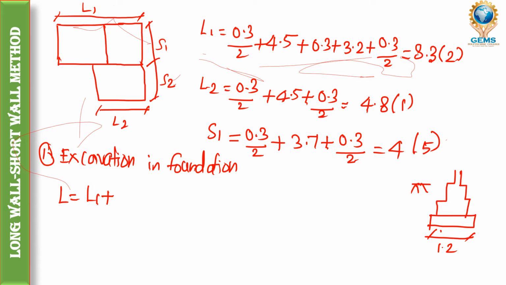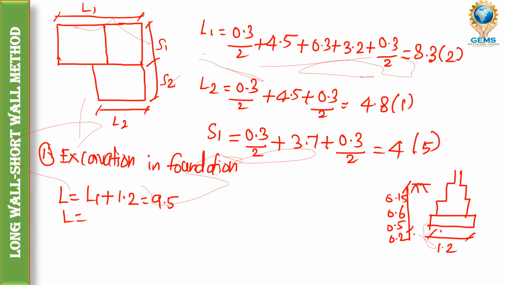The values are 0.15, 0.6, 0.5, then 0.2. So this is the section diagram of our plan. So L1 plus the breadth, right? L1 plus 1.2. L1 value is 8.3, so 8.3 plus 1.2, we will get 9.5. So L1 is 9.5.